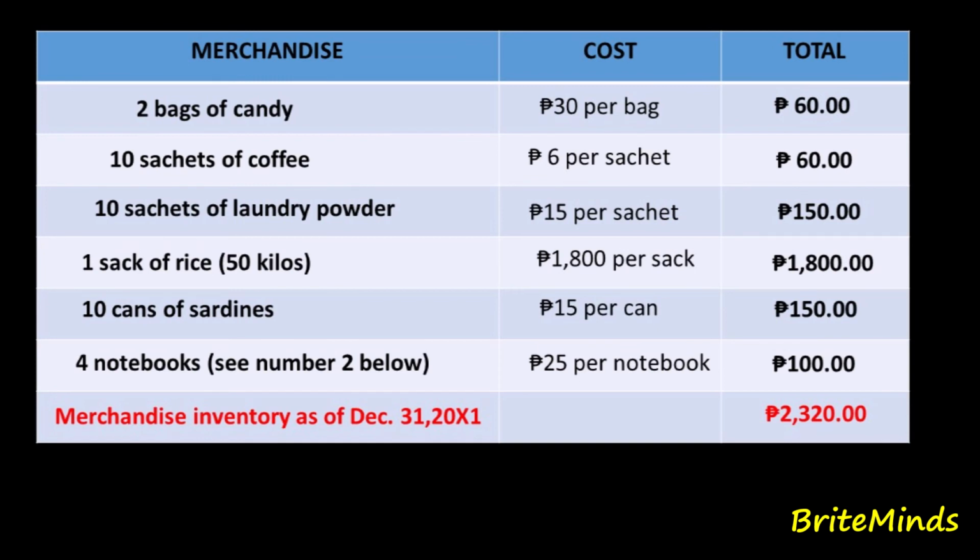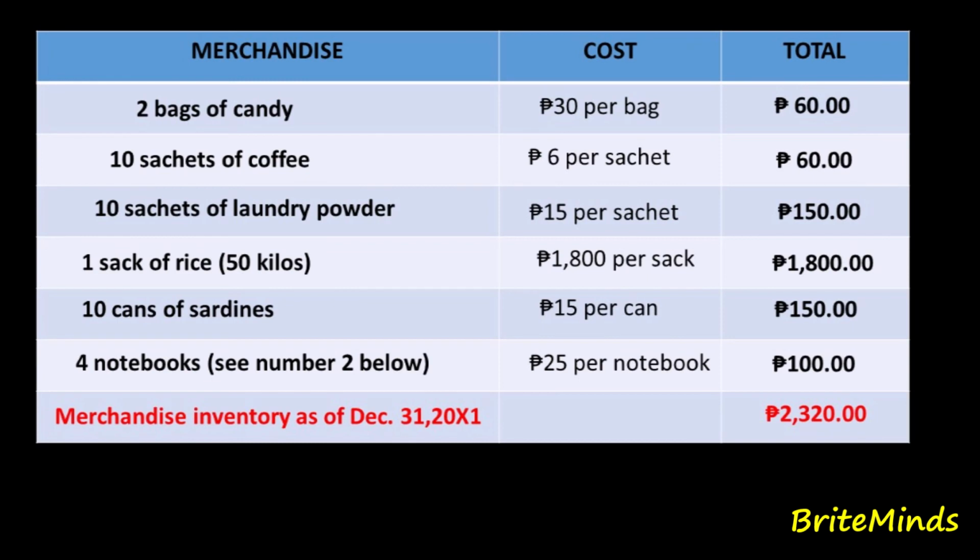And then the total merchandise inventory as of December 31 is 2,320 pesos. And then it was stated in the problem that there are 10 chocolate bars that were on consignment from Chocolate A. So since the chocolate bars are on consignment, the store does not consider them as inventory.